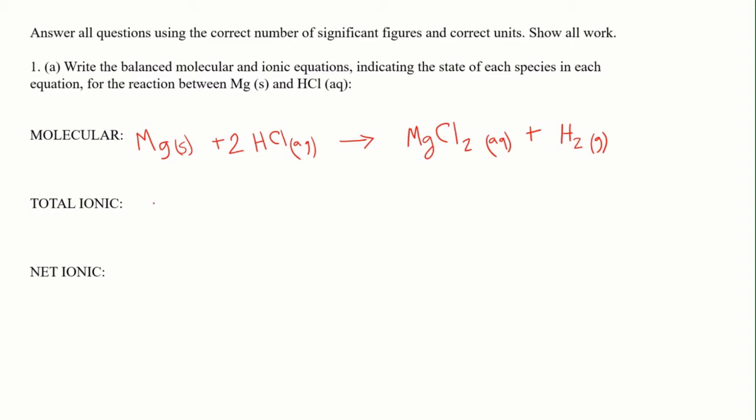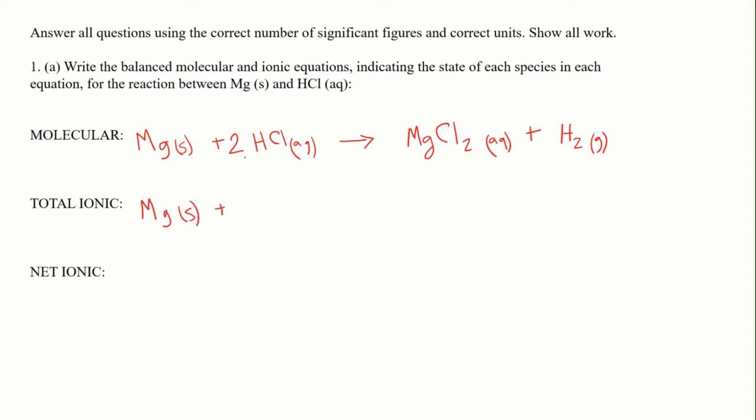Just a reminder, in total ionic, all solids, all liquids, and all gases remain as they are. They cannot be broken down into ions. Only strong electrolytes can be broken down into ions, such as HCl and magnesium chloride. So the total ionic equation here will be magnesium solid, which will remain as it is.